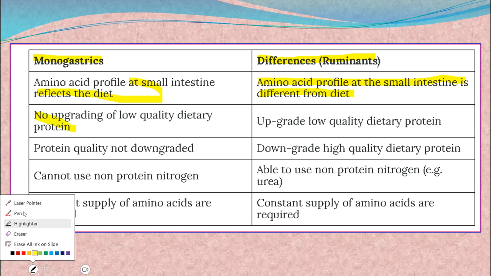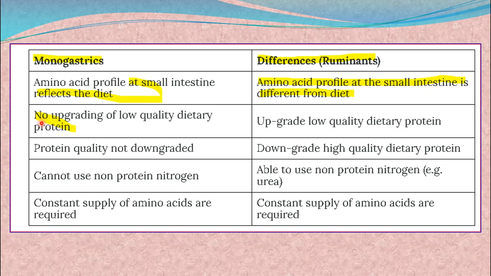The amino acids pointed out are always like that; there is no change in them. Whereas upgradation of low quality dietary protein is always present in ruminants, and that is the capacity of the ruminants to convert non-protein nitrogen like urea into amino acids.